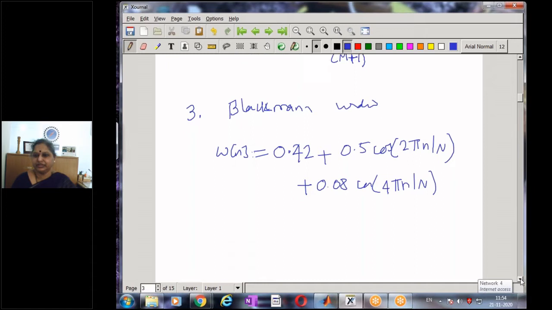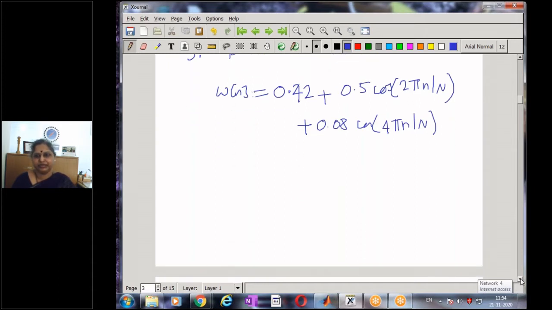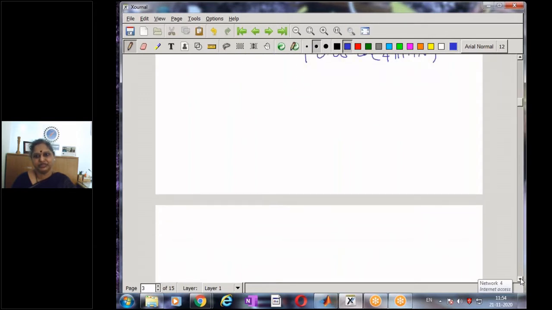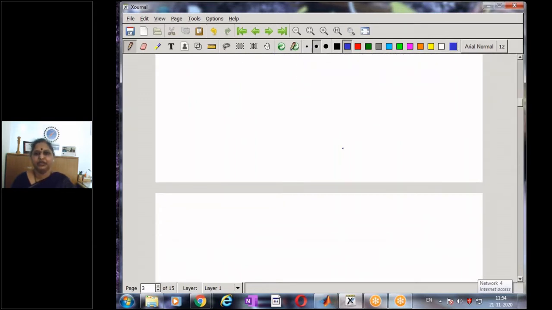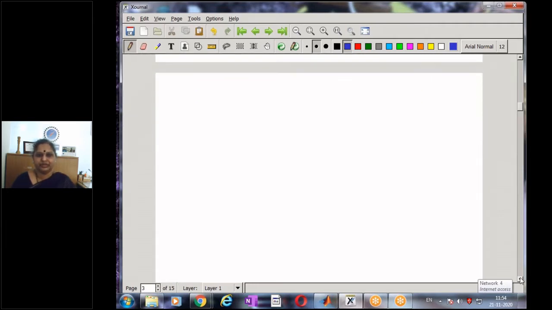So having seen these window functions, let us try to design the same filter. I mean, design a filter that uses a window function and see if the problem of overshoot gets solved, avoided. So now, as a problem, we'll take a numerical example.